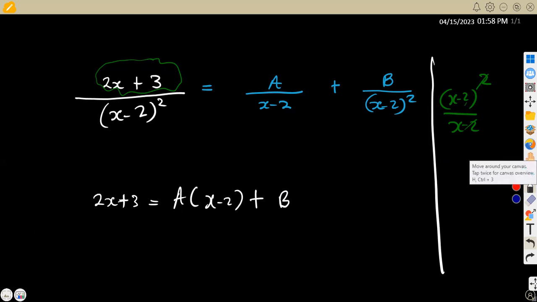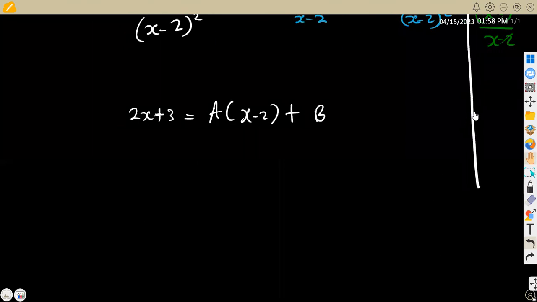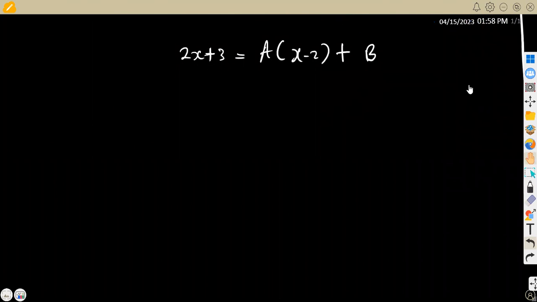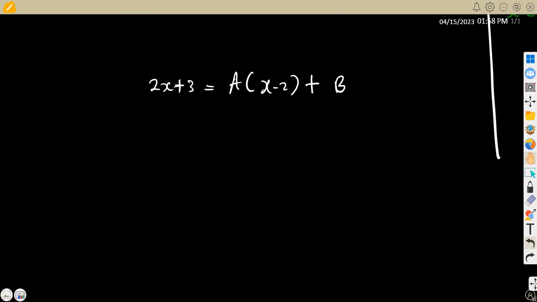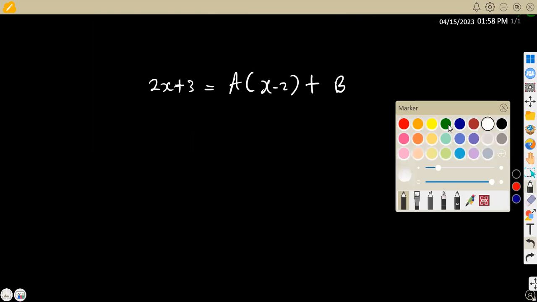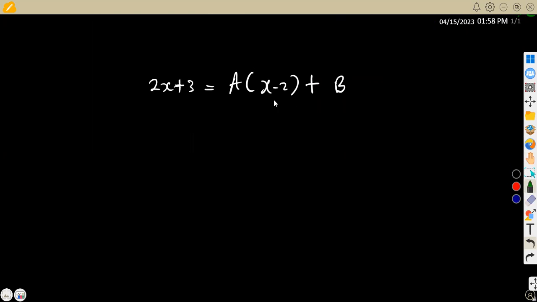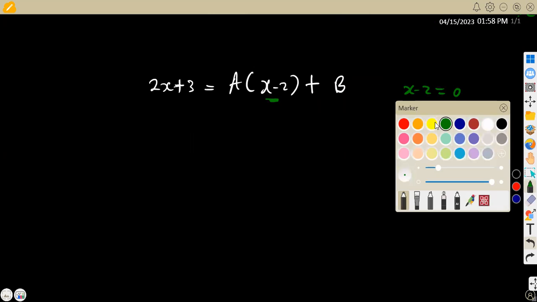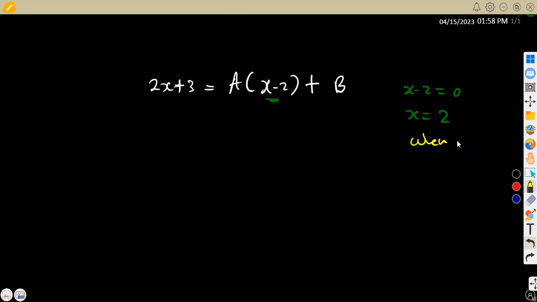It's a linear, so that's the advantage. We can equate this bracket to 0 just like the previous part, so that we can solve for B. If x minus 2 is equal to 0, x is equal to 2.